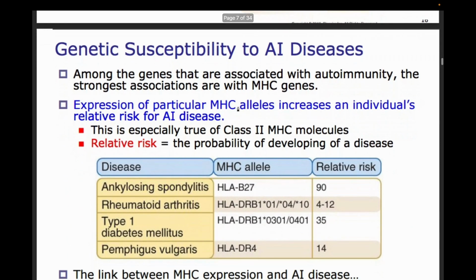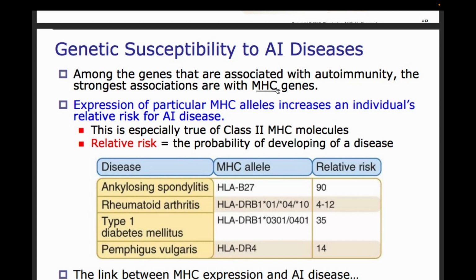زين، نجي هسه we go deep into the genetic susceptibility to autoimmune diseases. Among the genes that are associated with autoimmunity, the strongest association is with the MHC gene. شنو هو ال MHC gene؟ اللي هو major histocompatibility complex، اللي بالهيومنز اسمه HLA. ما ادري اذا تتذكروها، اخذناها باللاست سمستر بالنسبة للاورجن ترانسبلانت.